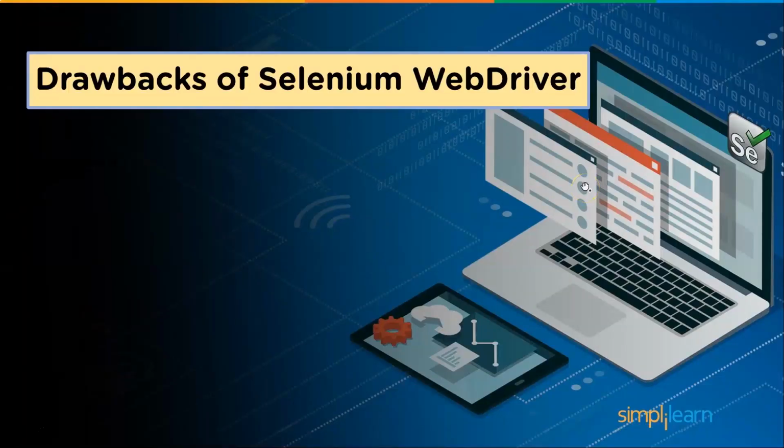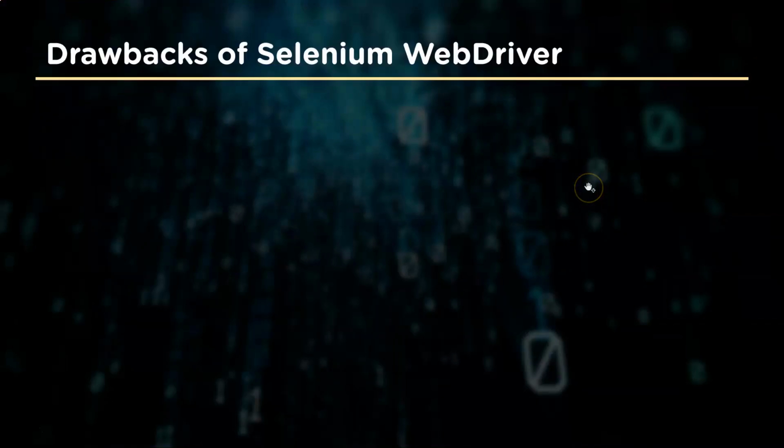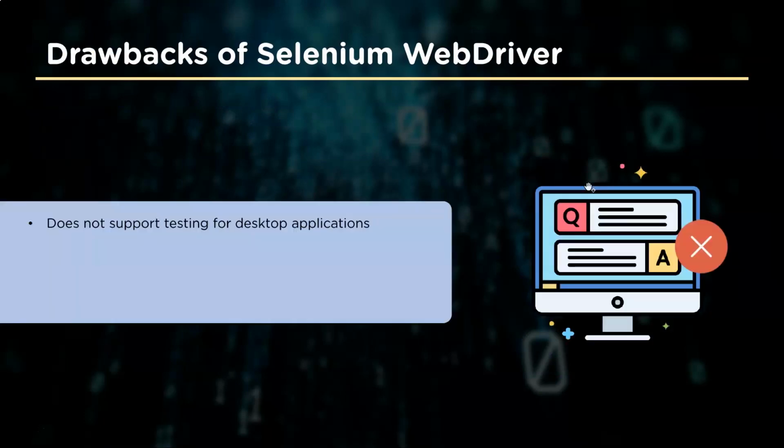So what are the different drawbacks of the Selenium WebDriver? When we talk about the Selenium WebDriver, what are the drawbacks we get, so that we can understand how exactly we can talk about that part. The WebDriver is the main component, you can say, using which you can do the complete validation.